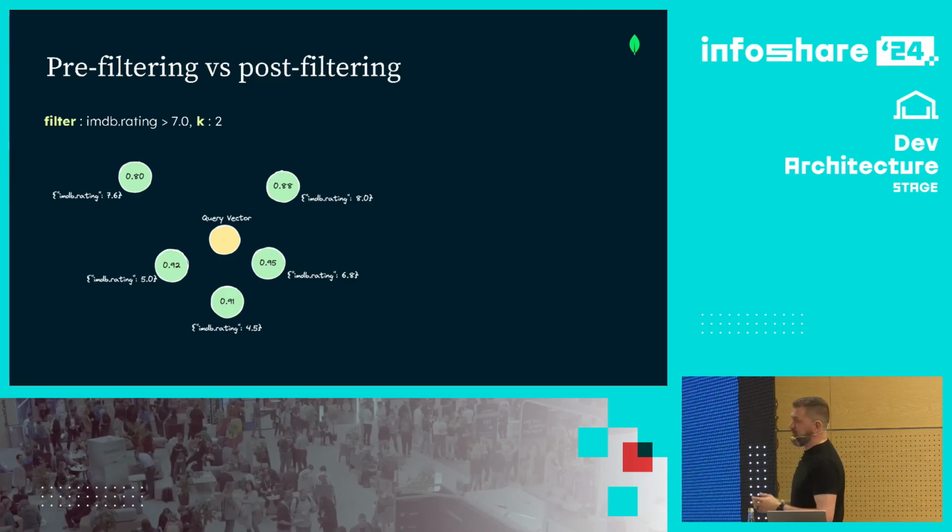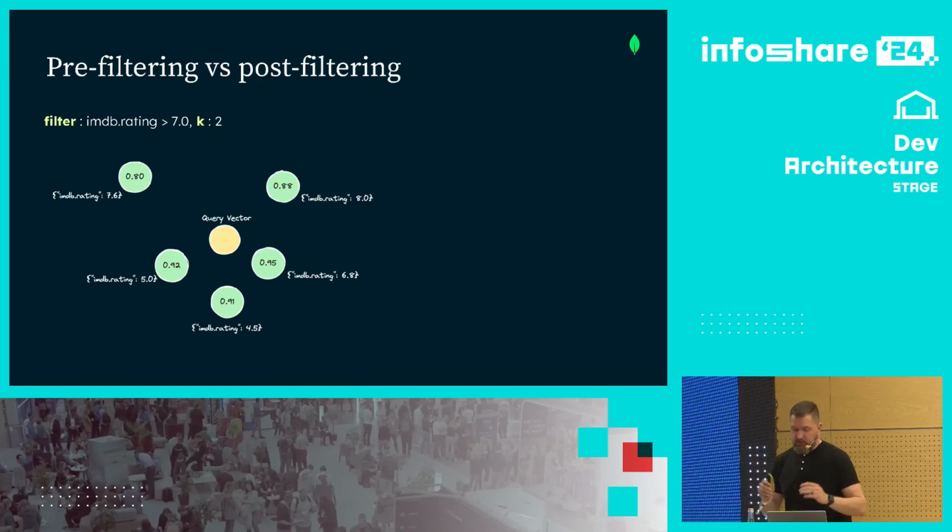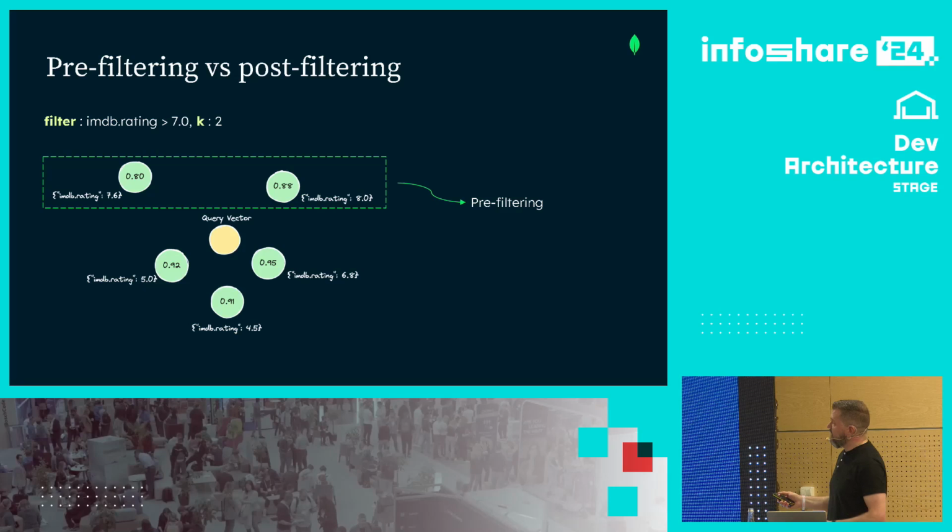Because we have our operational data, which has that metadata in it, we're able to do that pre-filter on it and keep the ones that have an IMDb rating greater than 7. And so if we apply this pre-filter and k is set to 2, which means we're going to retrieve the top 2 results, the vector search will exit as soon as it finds these 2 candidates.